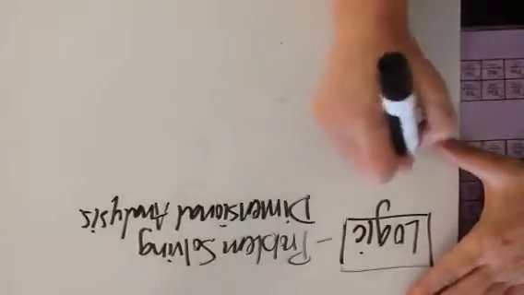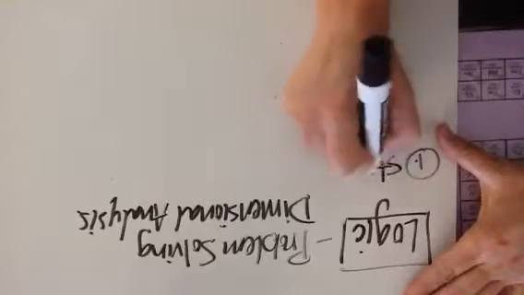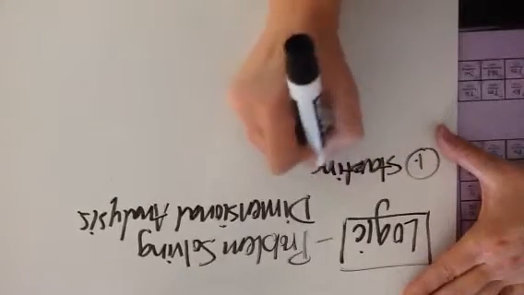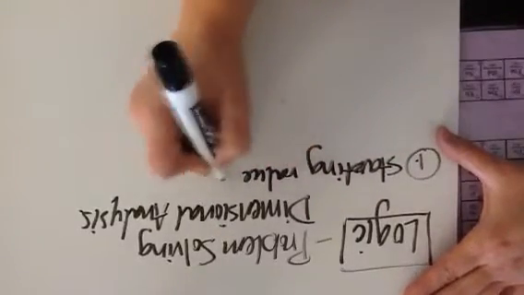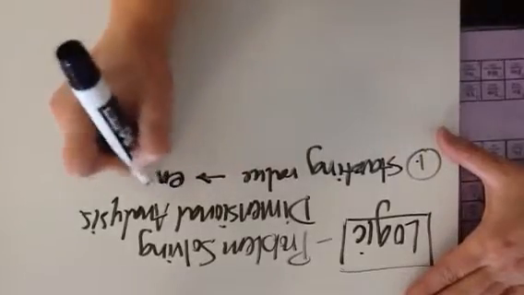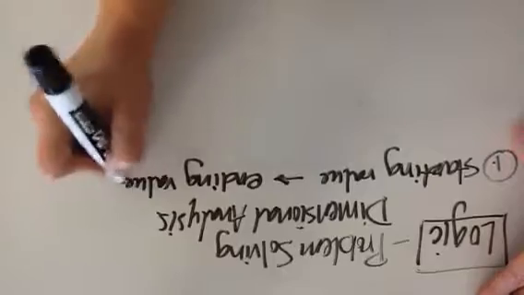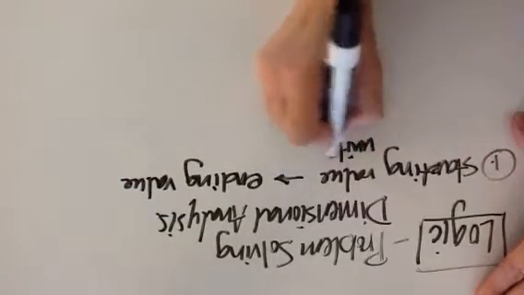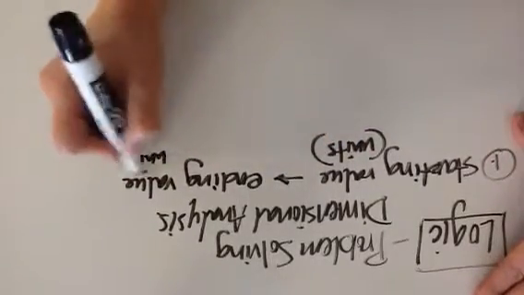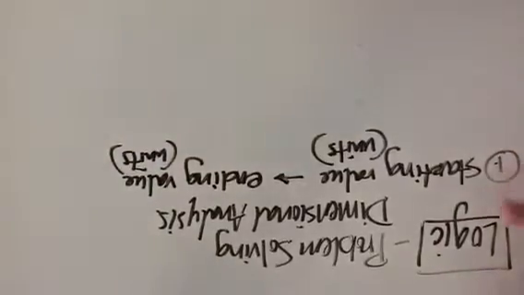So problem solving means that I have some starting point, so some starting value, and then I'm going to have some ending value. And the difference is that the units from where I started and when I ended are different.